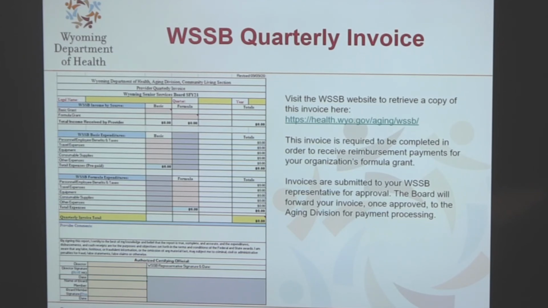We've provided a link here for you to click, and you can join us out there and download a copy of this invoice. And we've also provided some detailed examples of how to complete this based on your organization's profit and loss statement.